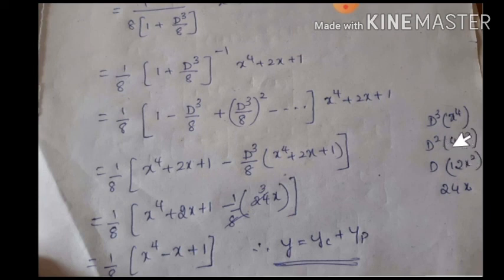So one more time you differentiated here. So the notation becomes D cube. What is the meaning of this notation? One more time you differentiate. So what will I get? 24x. So substitute that answer here. 24x, 8 ones are 8, 8 threes are 24, so minus 3x. Minus 3x plus 2x is minus x. So this is the required yp.